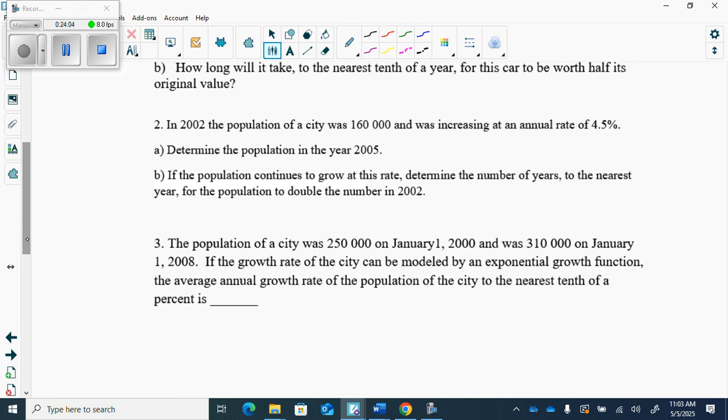Okay. So for number 1A, we have F equals 30,000, bracket 1 what? Plus or minus? Minus, depreciating, to the 5. And we could just go 0.8.